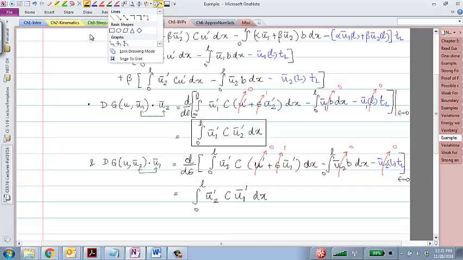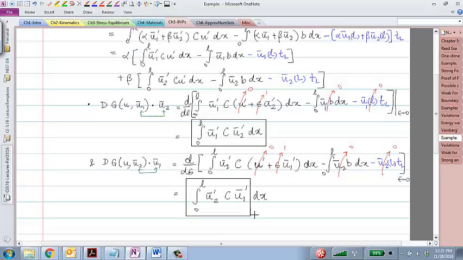And clearly, both of those expressions are exactly the same. So we have just verified through some long calculation that this functional is linear in the second argument, and its directional derivative is symmetric in the second argument.